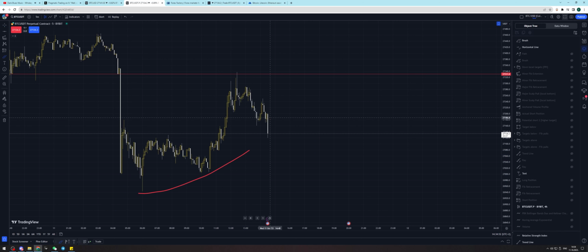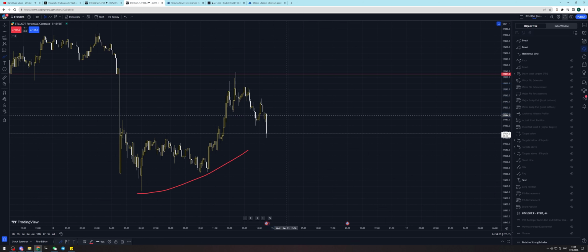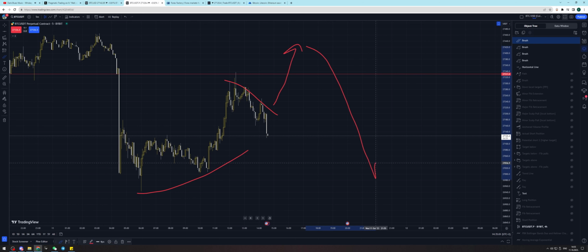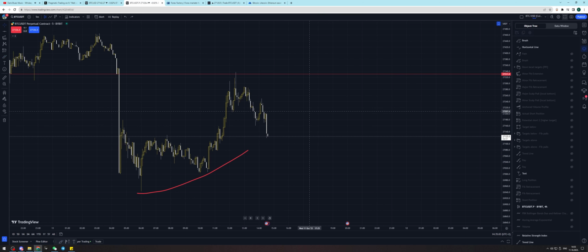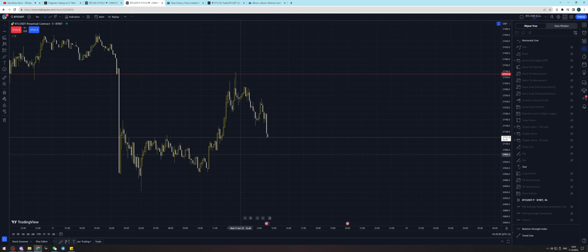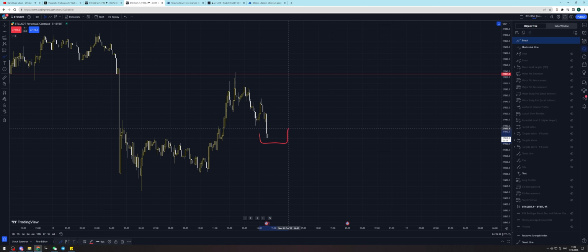At the same time, all of these people who shorted, who didn't secure their positions, can also be punished, and the price can make a higher high before continuing down. So for now, my bias remains to the downside. That's why my short position is still open, and I wanted to secure my position, so I've taken profits partially in this zone, previous resistance, which could become a support.